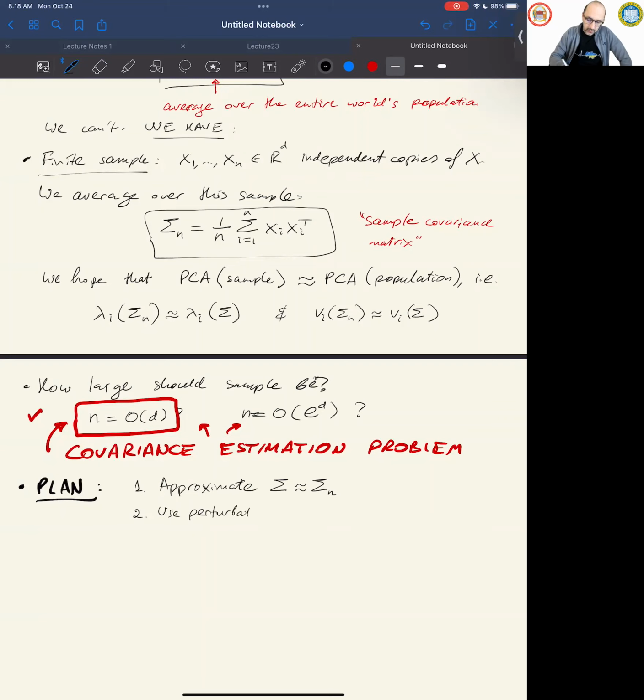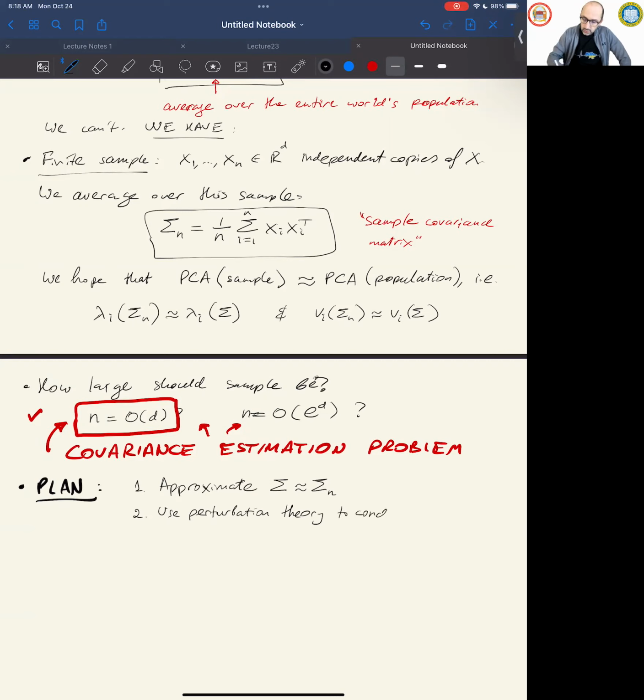I'll explain what this means. Perturbation theory basically says that if two matrices are close to each other, then their eigenvalues are close to each other, and the eigenvectors are close to each other.